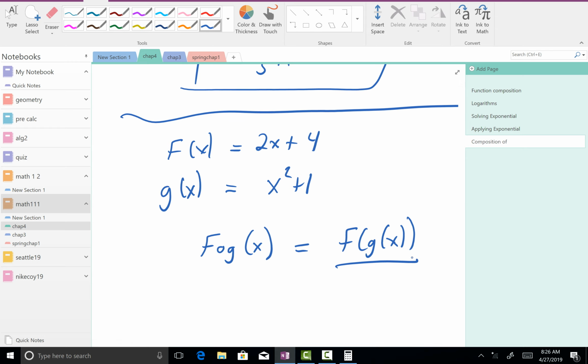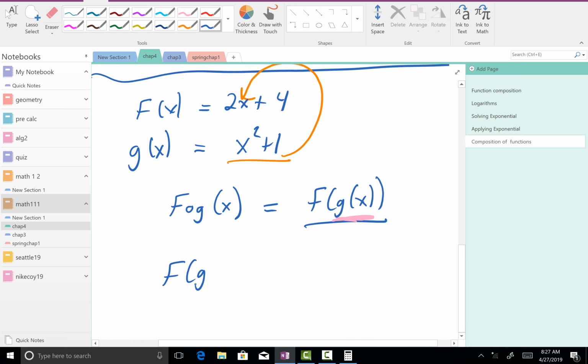The book uses both of them a little bit, but I like this one, because this one tells you what function you're going to substitute in. Here the g is inside of the f, so the g is the one we're going to put in. This g function will go in wherever we see an x.